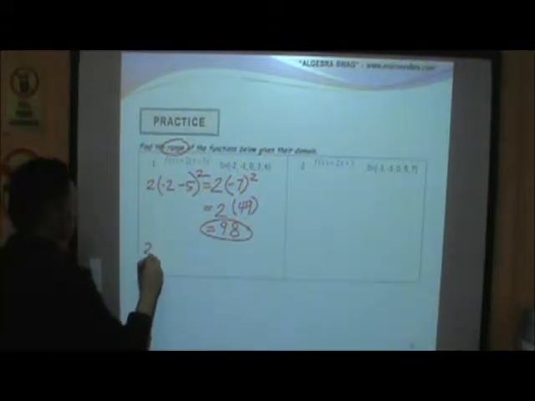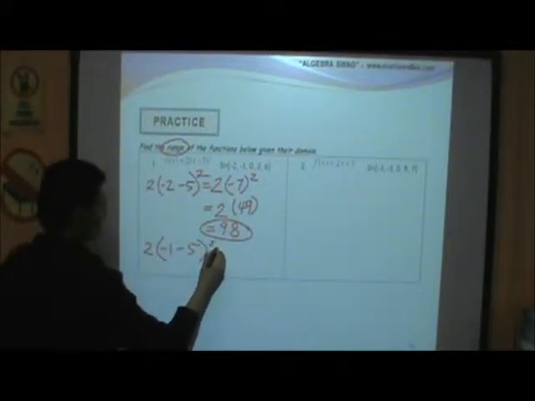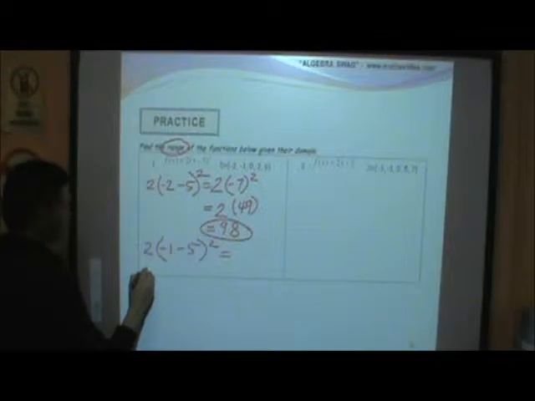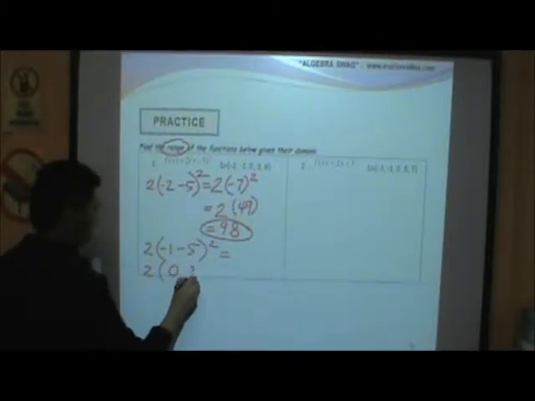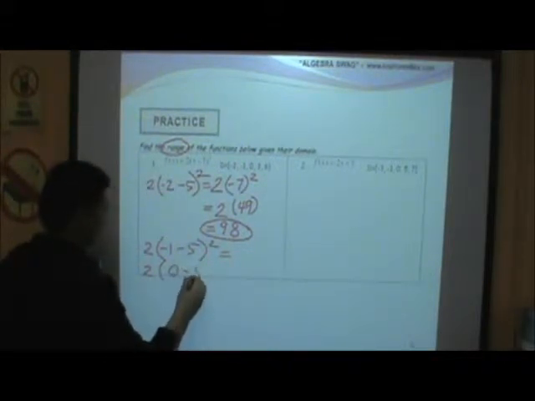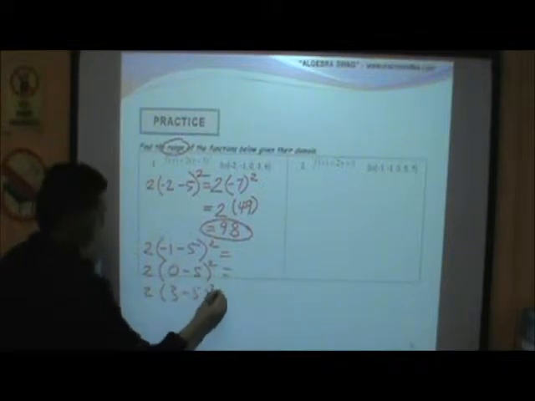Now, next is −1: 2(−1 − 5)². We're done with −1. Next is 0: 2(0 − 5)². Next is 3: 2(3 − 5)².